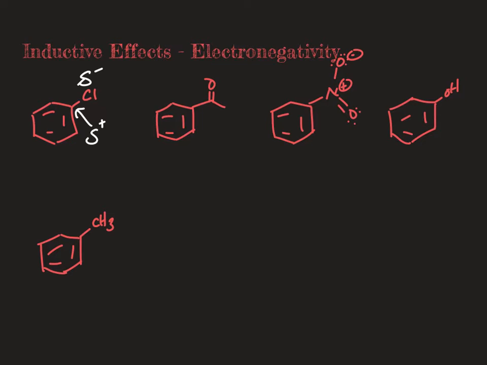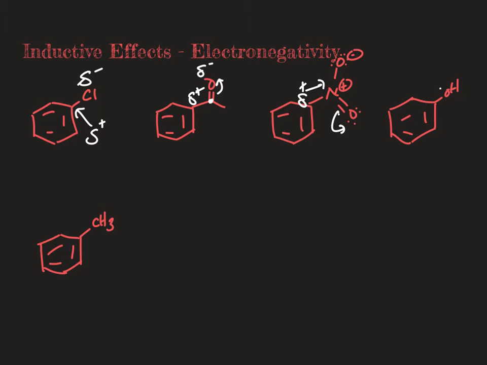With acyl groups, if that carbonyl carbon is directly attached to the benzene ring, there is resonance, making that oxygen partially negative and this carbon region partially positive. Nitro group, we've got resonance that we can pull electrons out. So again, we've got partial positive on the ring.